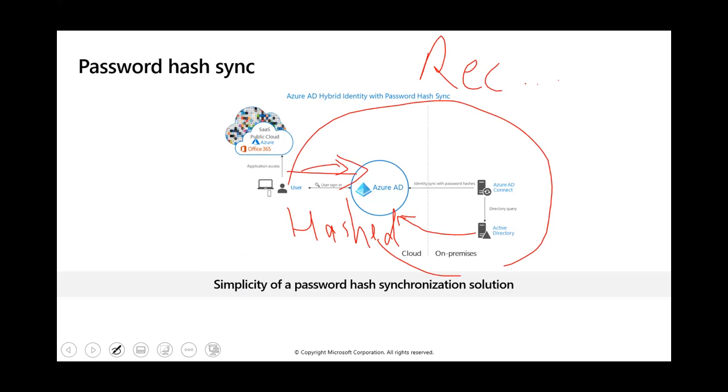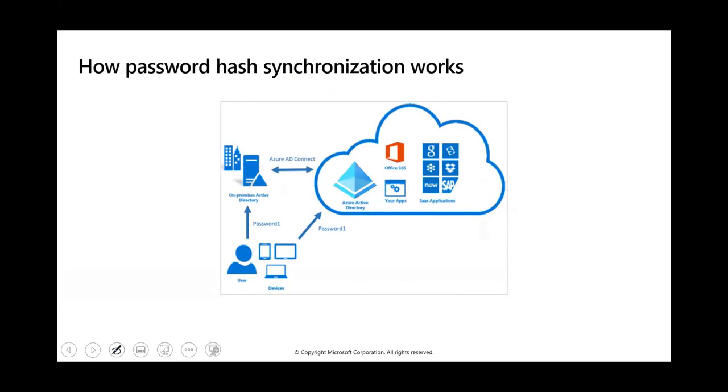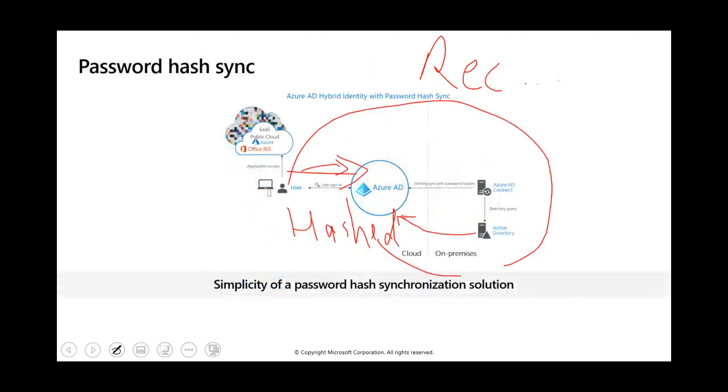But if you have complex authentication needs or something really important in your organization, like extra security, government information and bank accounts, you may need to think about another option, maybe federated services or pass-through authentication. But that is the first option, the password hash sync.